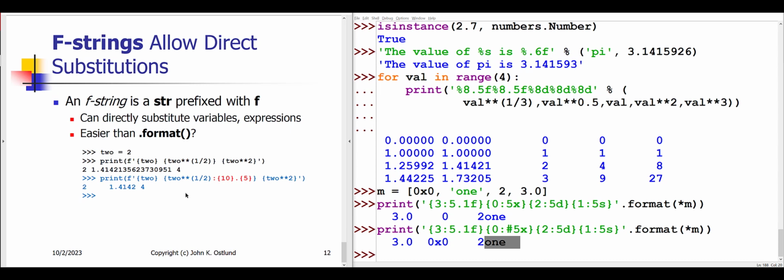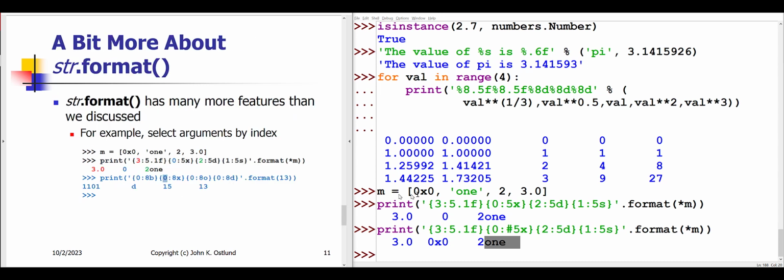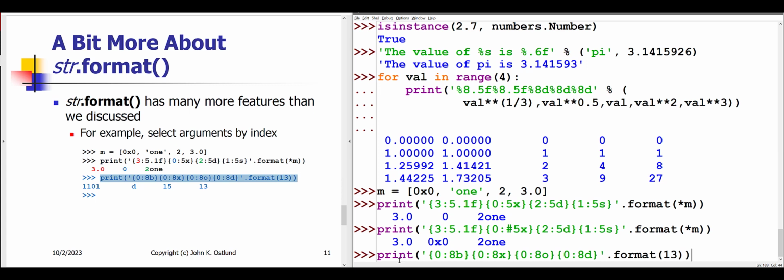Okay? Whoops. So let me run this one here. Okay, so I only have one argument. It's the sub-0 argument, and its value is 13. And I want to print that 8 characters wide as binary, and then 8 characters wide as hex, 8 characters wide as octal, and then 8 characters wide as decimal, base 10.